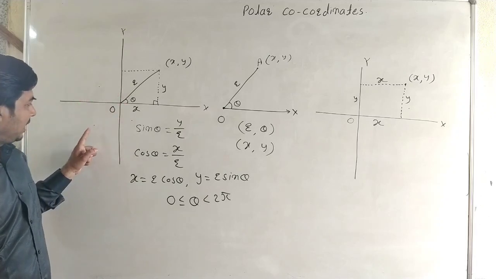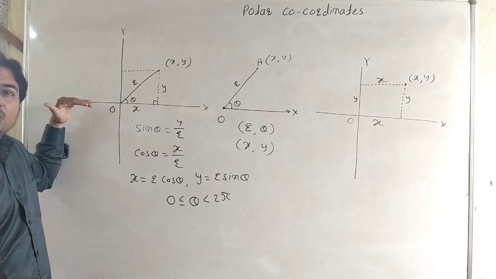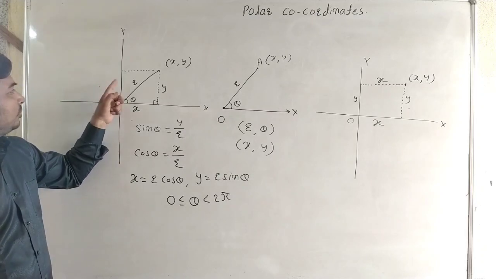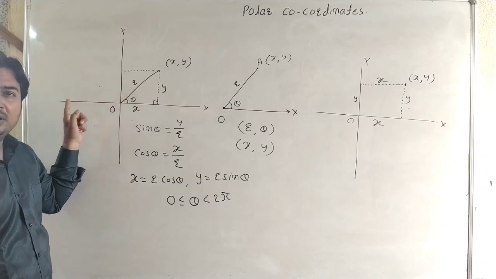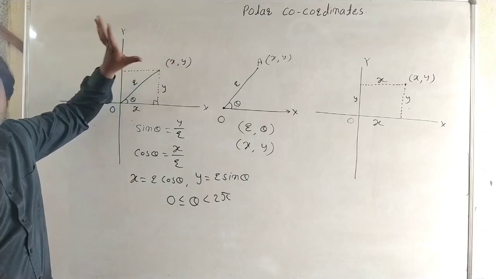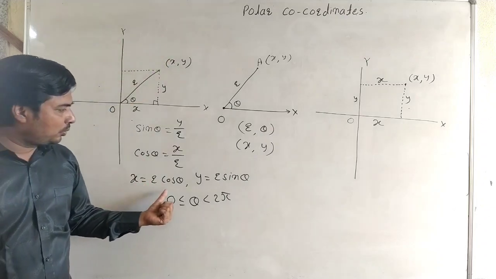When the point lies in the third quadrant, it is between 180 and 270. So it is 90 to 180, 180 to 270, 270 to 360, and the acute angle is 0 to 90 degrees. Here it is a polar coordinate.